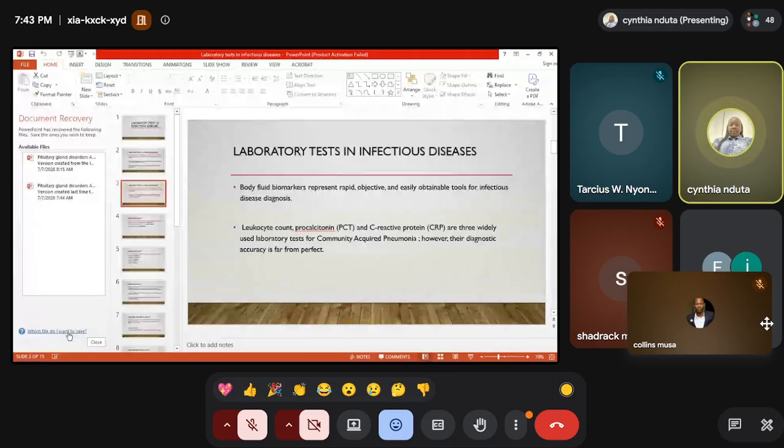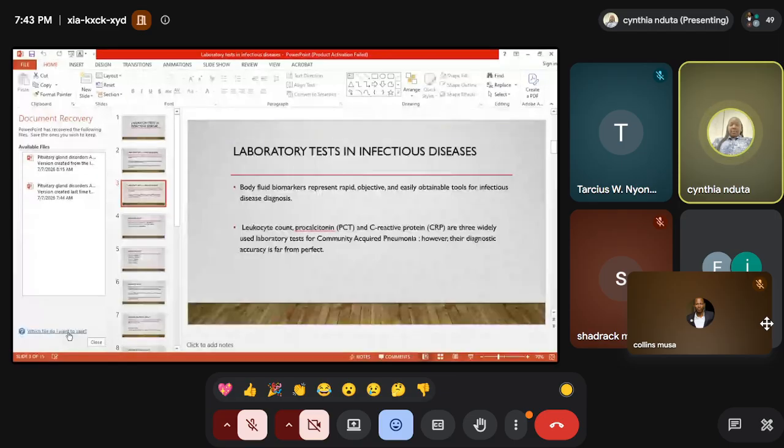These are the main three laboratory tests that we require for community-acquired pneumonia. However, they are not perfect. This is what we have, but they are not perfect.